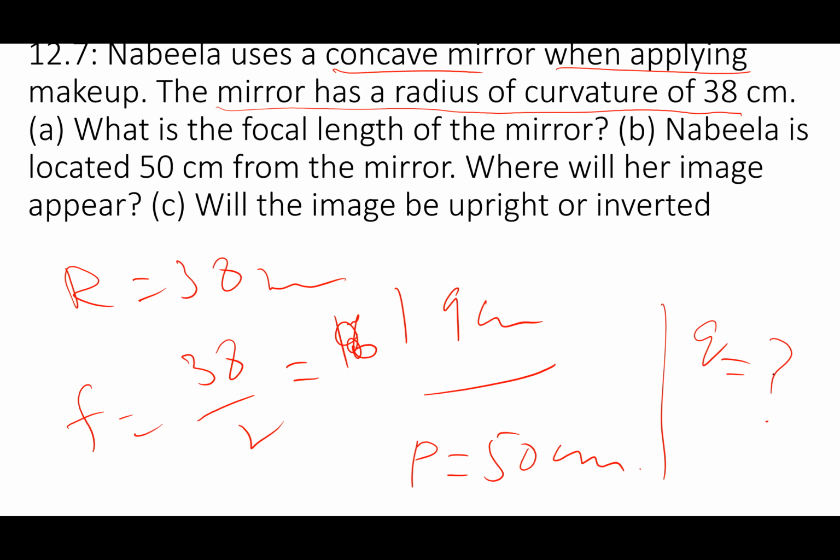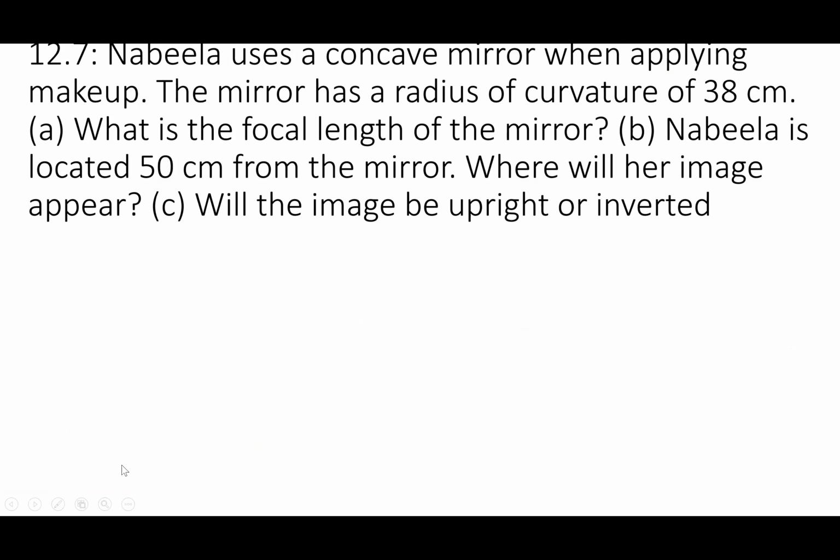So I will erase and write the formula for you people. Do it. If you feel difficulties, I will WhatsApp you the solution, then you find your mistake by yourself.